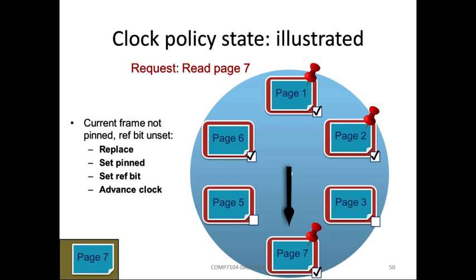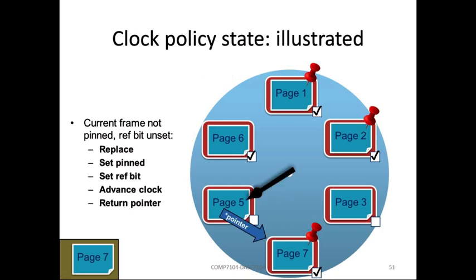And so we place page 7 in frame 4. We set page 7 as pinned. We indicate that it is currently in use by one operation, and we also set the reference bit, and then we advance the clock.